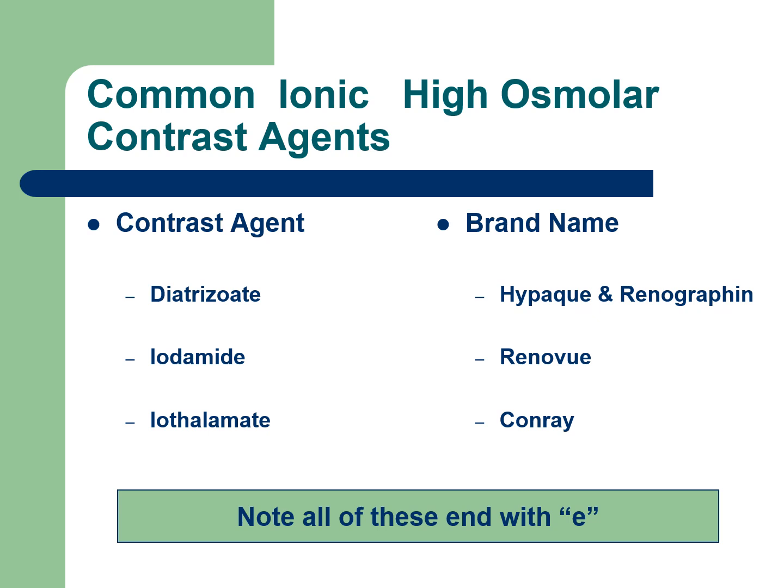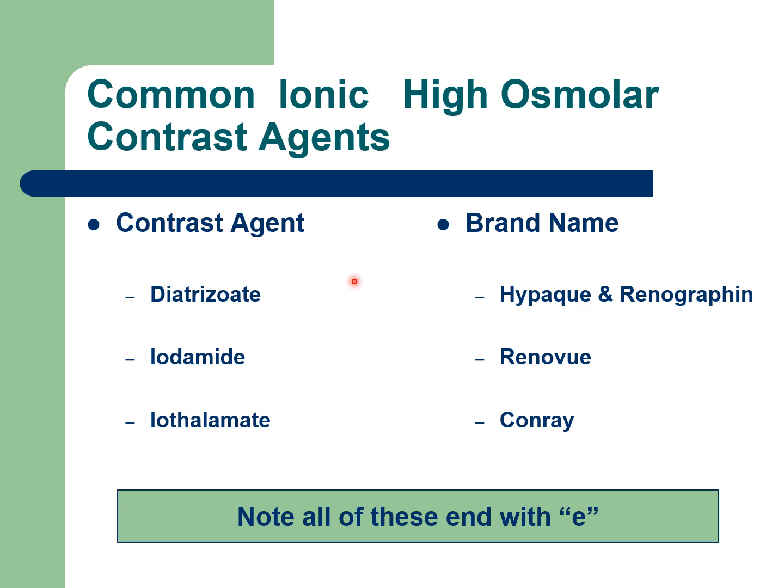What is important to us, and what I want you to remember, this is vitally important, it is on my test, and the registry likes you to know about these, is the common ionic high osmolar contrast agents. What we don't want to give for the answer, and the registry will not use these as your answer, are the brand names: Hypaque, Renografin, Renovue, Conray that we see on there.